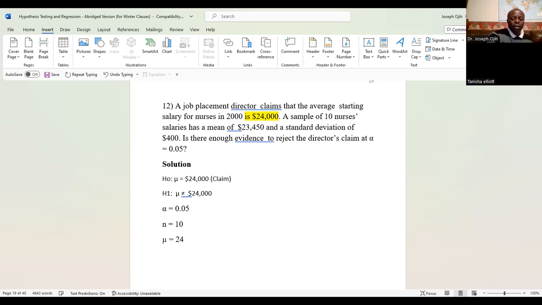After selecting a sample of 10 people, you find out that their mean is 23,450.